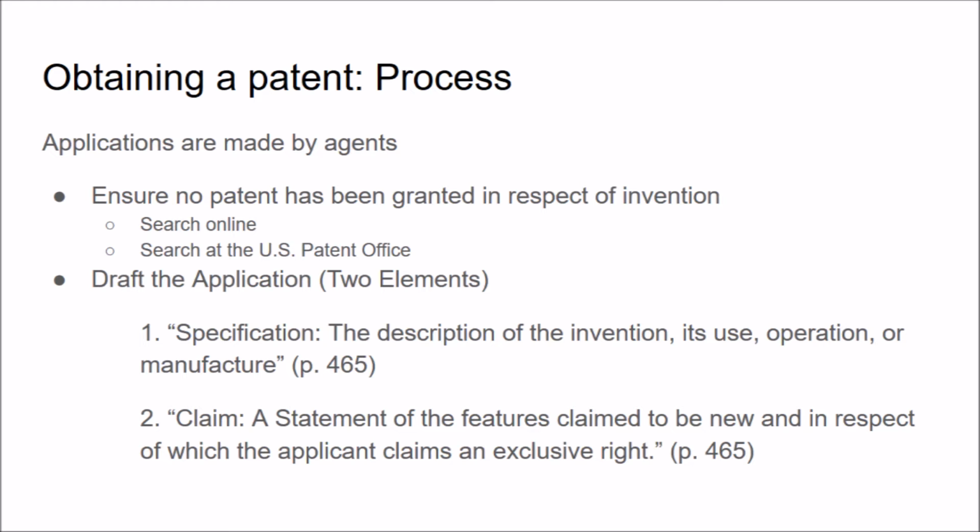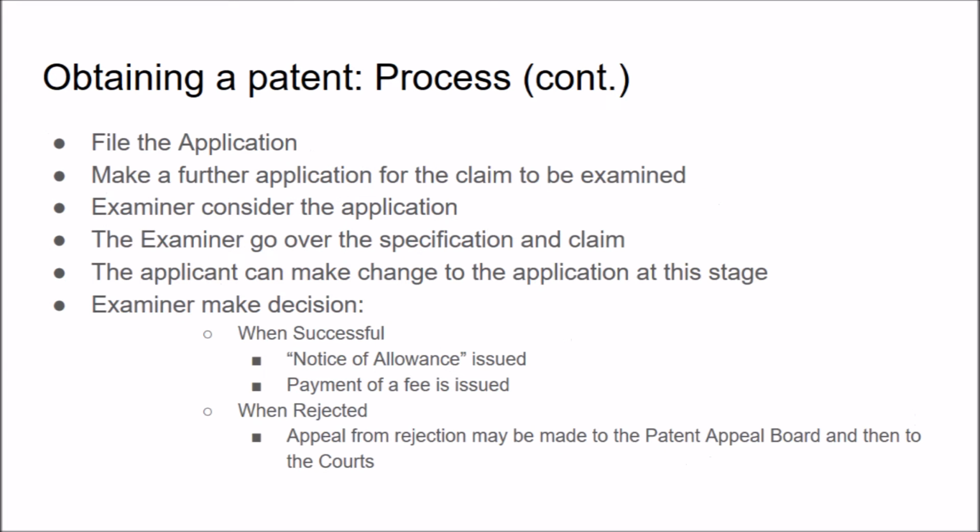exclusive right. When the application is completed, they file the application and meanwhile make a further application for the claim to be examined. Then an examiner considers the application. The applicant can make changes to the application once while the examiner goes over the specification and the claim. Finally, the examiner makes a decision.